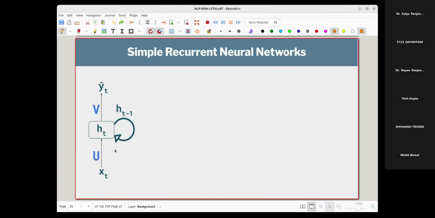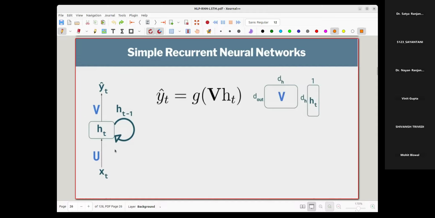Similarly between st and st minus 1, we'll see what the output will be. So generally, how is yt cap calculated? There is some output function, some activation function g, applied to V into ht. So V into ht passed through some activation function will give you output yt. But what is your ht?